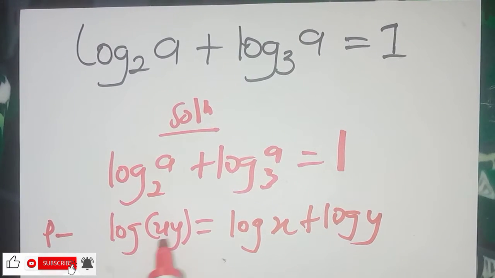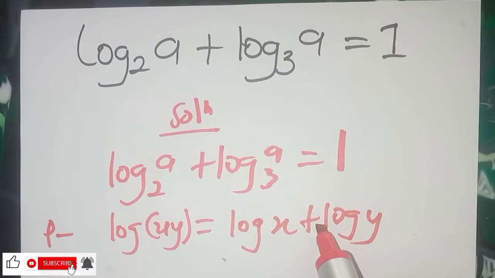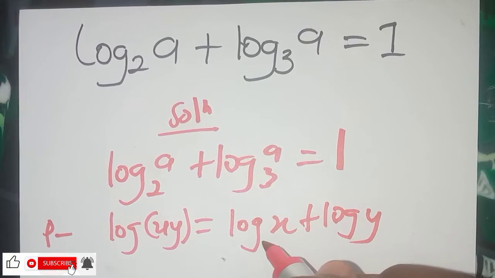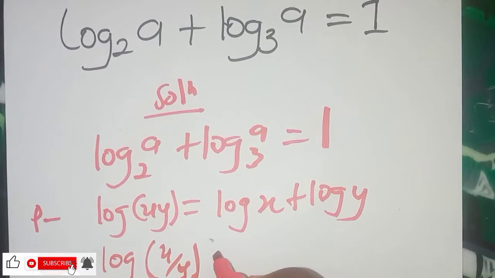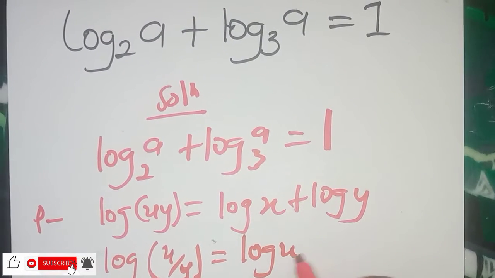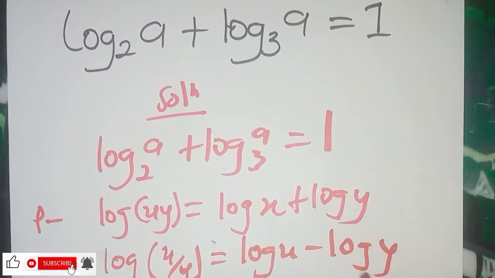So if you have two variables multiplying in a logarithm, the answer is the sum of the log of one variable and the log of the other. In the same way, if you have log of x over y, where they are divided, then you have the log of x minus the log of y.